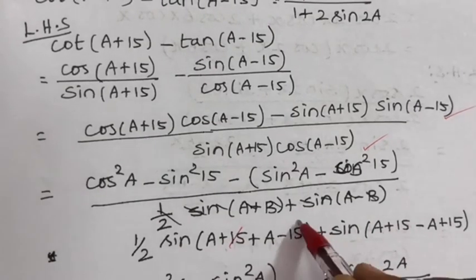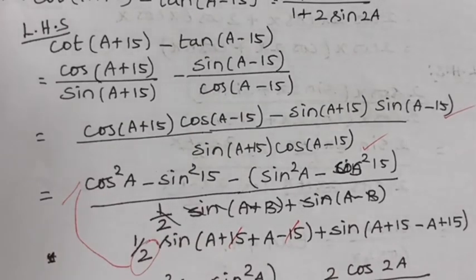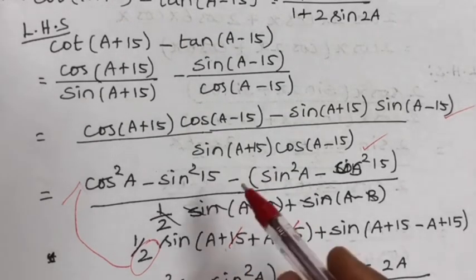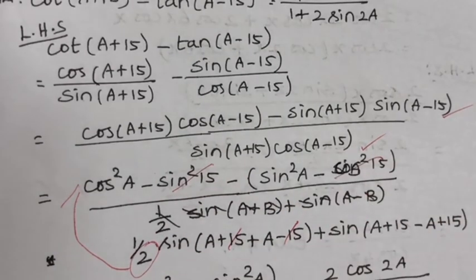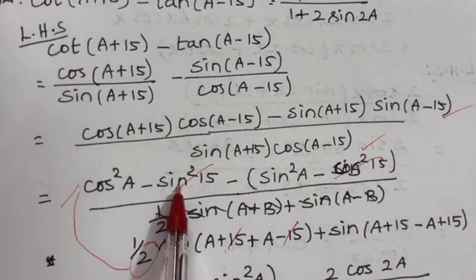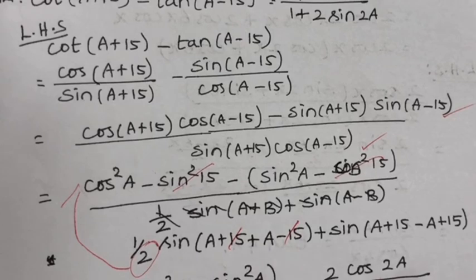So 15 will get cancelled. It will become sin 2a. The 2 will go to the numerator. So 2 into cos square a minus sin square a. Okay, and these two terms will get cancelled. So minus sin square 15 plus sin square 15 will cancel. Here, sin(a plus a), it is sin 2a.